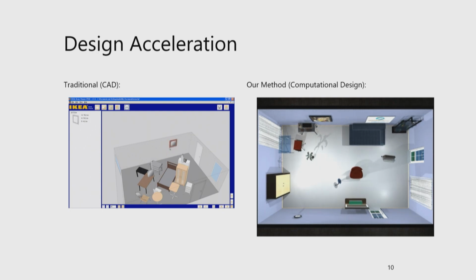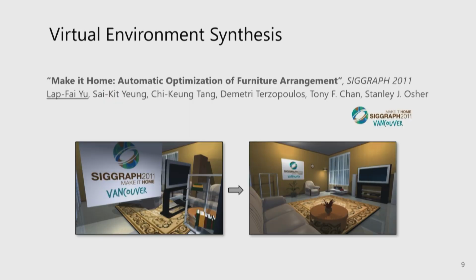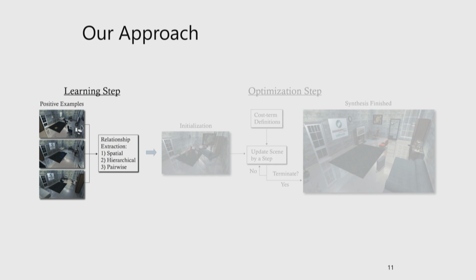So this is the IKEA CAD design interface, where designers drag and drop the objects and make the arrangement. If we are able to formulate the problem as an optimization problem, we can rely on the automation provided by the optimizer to sample solutions, and you can potentially generate lots of solutions.